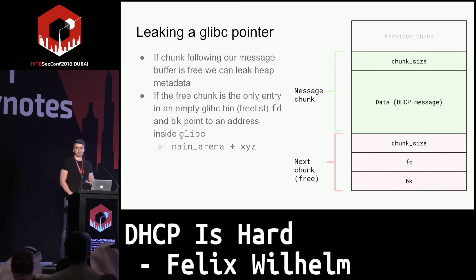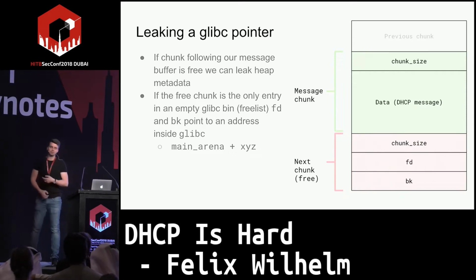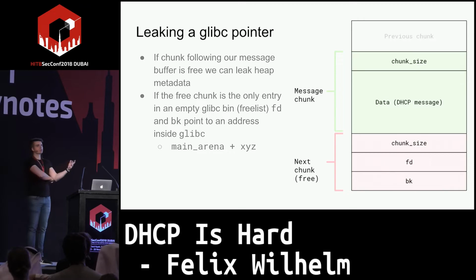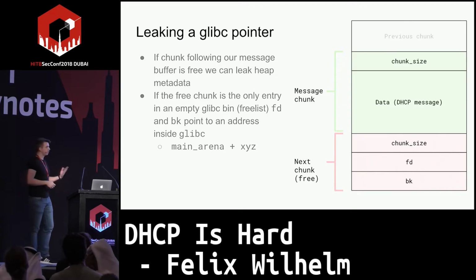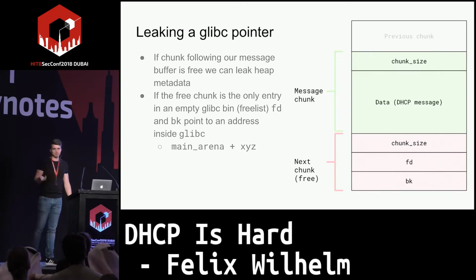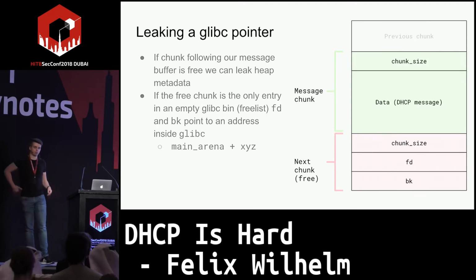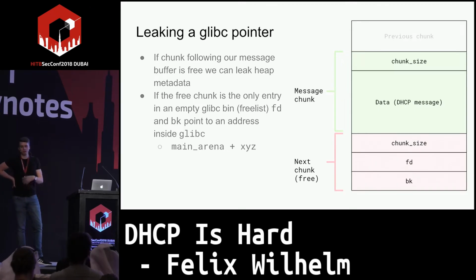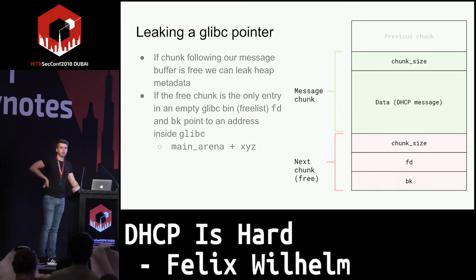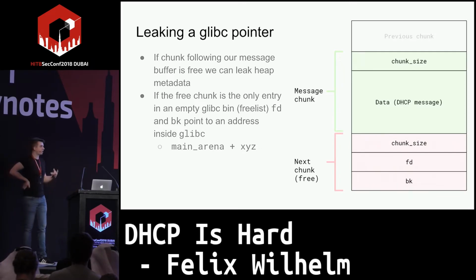How do we turn this into something that we can use? The idea is we want to leak a pointer that points at glibc memory. I'll talk later about why this is super helpful for us, but basically if you have a glibc pointer, you can bypass ASLR and go on with your exploitation. If you look at how this memory layout normally looks on the heap, you basically have this green chunk, which is our heap chunk that contains our DHCP message.